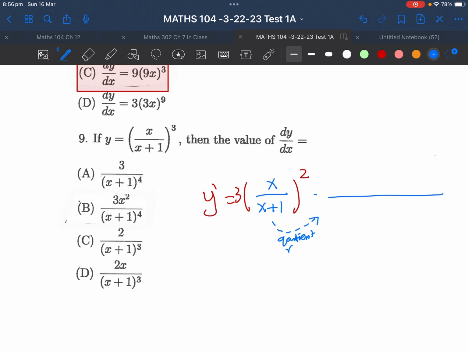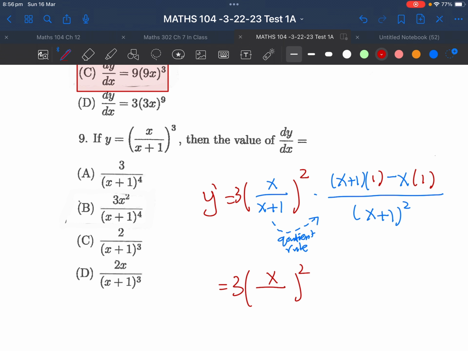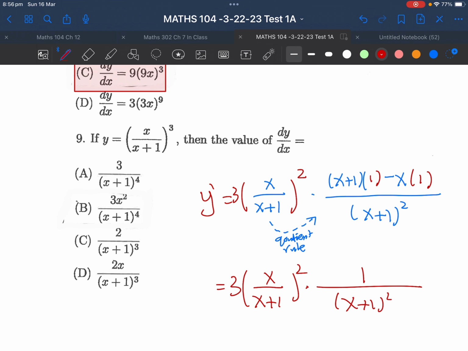What is the quotient rule? It is the denominator times the derivative of the numerator minus numerator times the derivative of the denominator, which is 1, all over the denominator squared. Now, this is equal to 3 squared times x plus 1 times x plus 1 squared. Now, if we simplify this one, we get only 1 in the top.